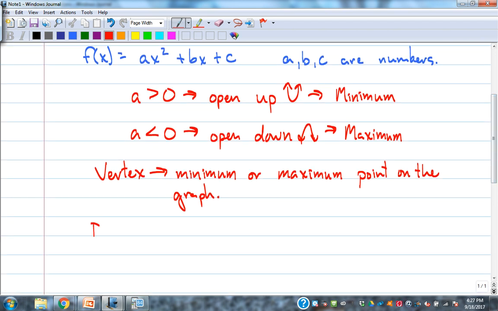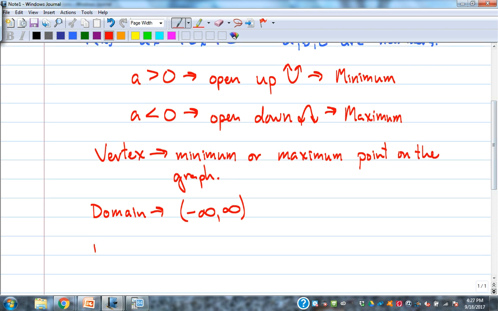The domain for a quadratic function is negative infinity to positive infinity. The range depends on A and essentially the y value of the vertex.